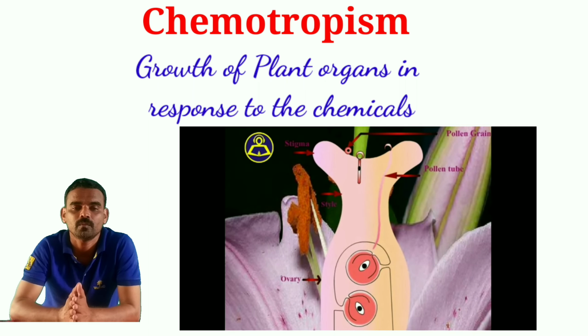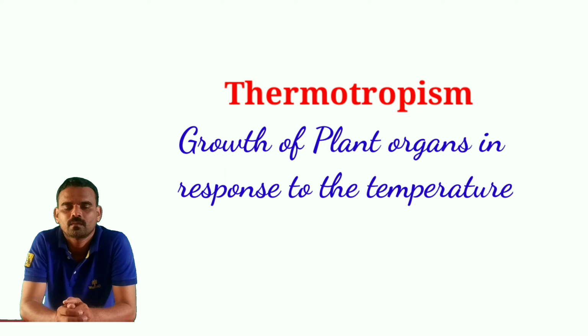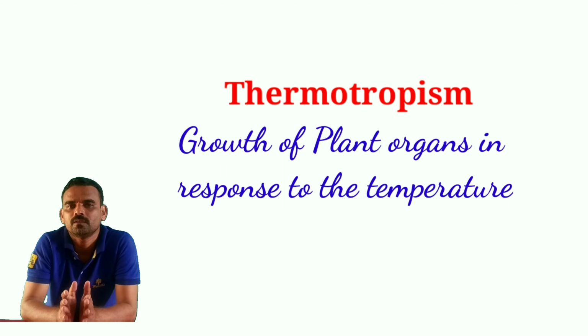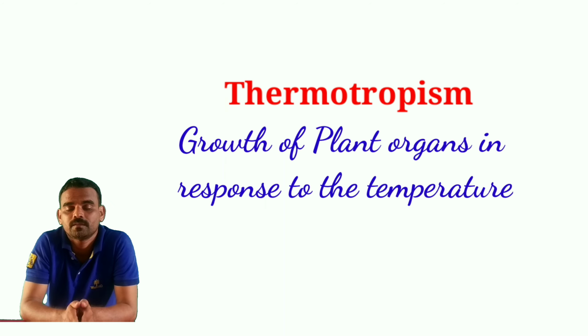Next, that is the thermotropic movement. Simple. The growth of the organ is taking place or affected due to the temperature. Such type of thermotropic movement is recorded in Anemone stellata.